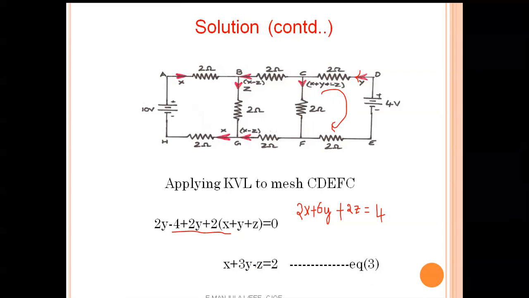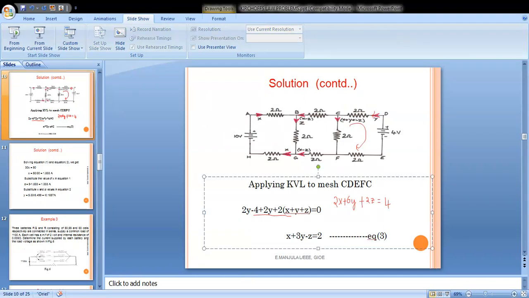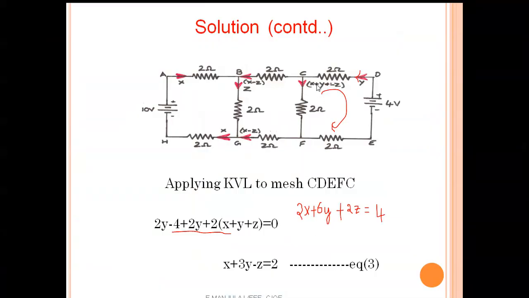Once again, so here this is x plus y minus z, because see, in this branch it is x minus z.